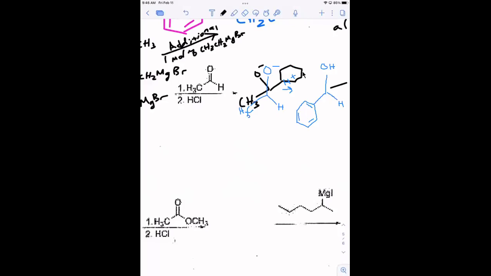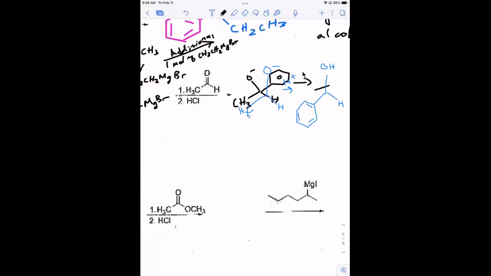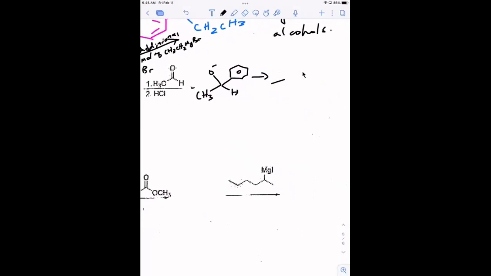So you're going to get the intermediate, but then in the quench, that's when you're going to get the alcohol that you have drawn. I agree with that. But this will be the final product.